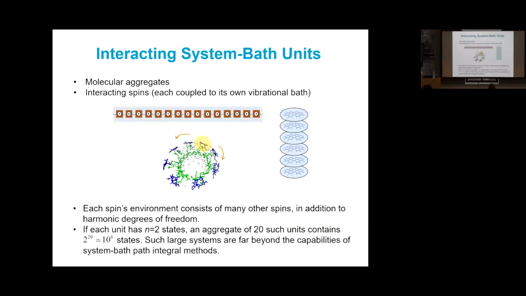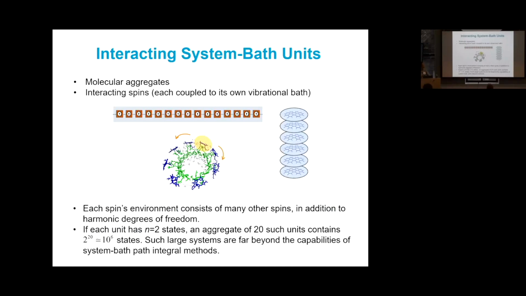Okay, so now if we have interacting, we go beyond the simple system bath, and we have a number of interacting system bath units, which could be molecular units that are interacting in a molecular aggregate. Then how can we approach this?